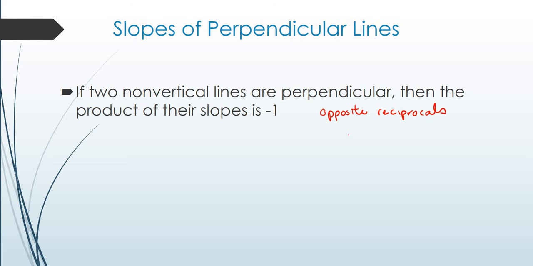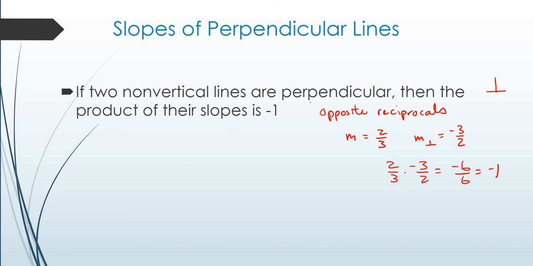So if one line has a slope of 2/3, the slope of the perpendicular line, this symbol means perpendicular, is -3/2. So we've often seen it written this way, but we can also say now that if we take my first slope and multiply it by my perpendicular slope, I will get -1. So it's kind of a quicker way of saying this.